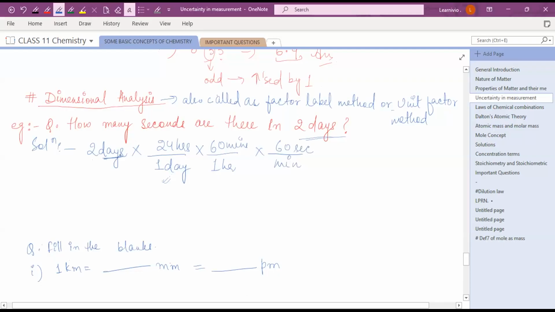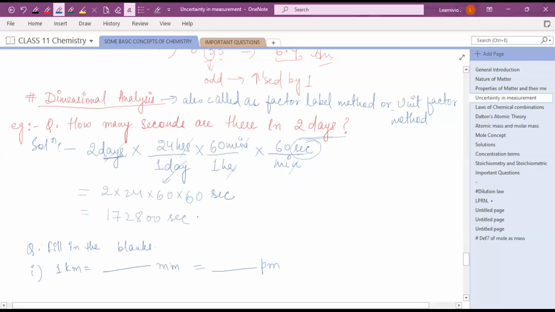Days cancel out, hours cancel out, minutes cancel out, and you will get the answer in seconds. So 2 into 24 into 60 into 60 gives 172,800 seconds. That's how we do the conversion in one step, the single step method.